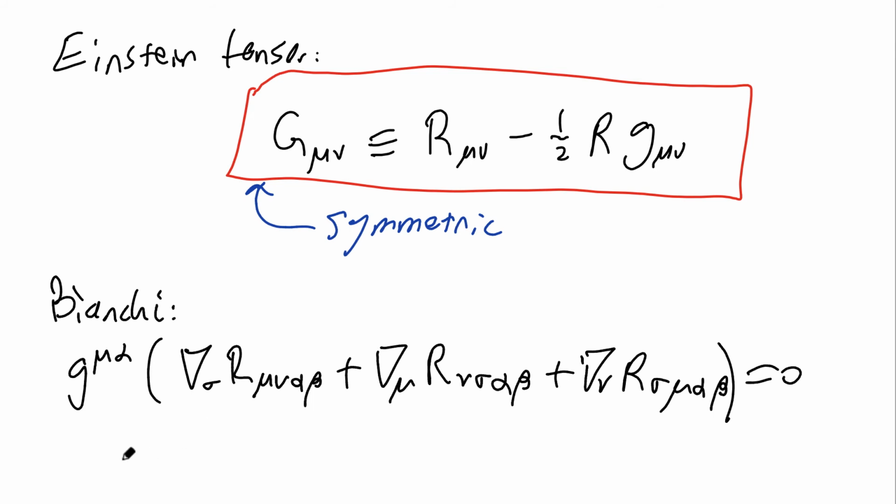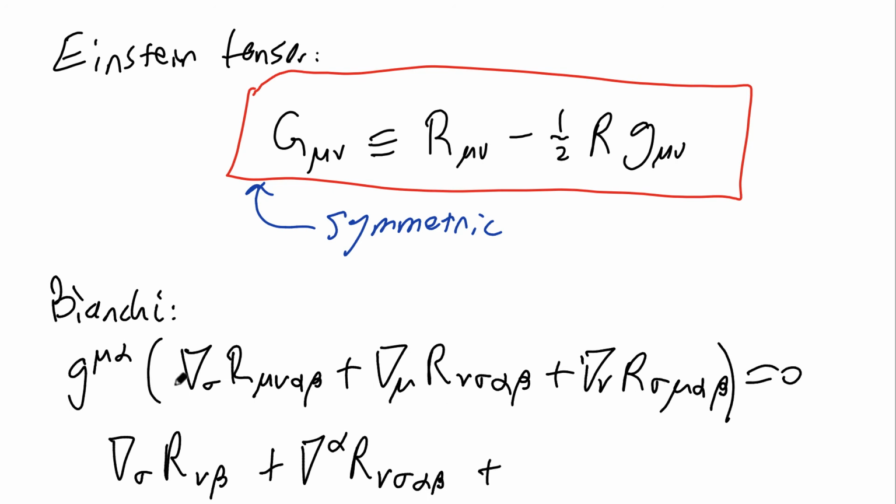So this is ∇_σ. Now this g^{μα} contracts the first and third index, so that just gives the Ricci tensor R_{νβ}. Here g^{μα} acting on ∇_μ, let's just raise that index and call it ∇^α R_{νσαβ}.